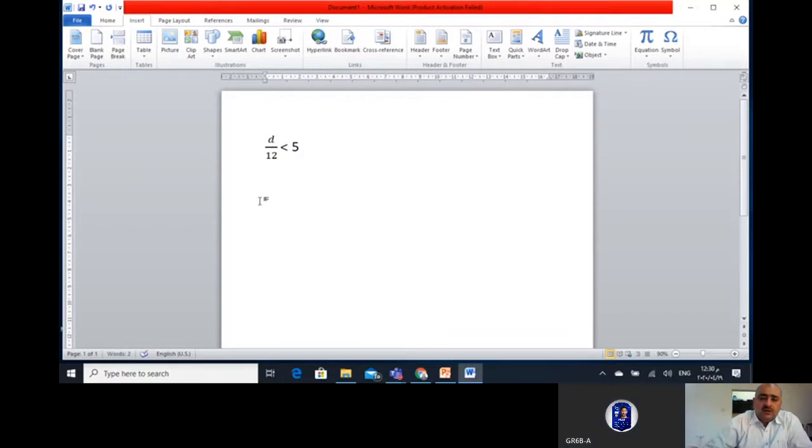Yes. Here we have not an equation, but an inequality. For an easy way, directly when you see a fraction, multiply the numbers.